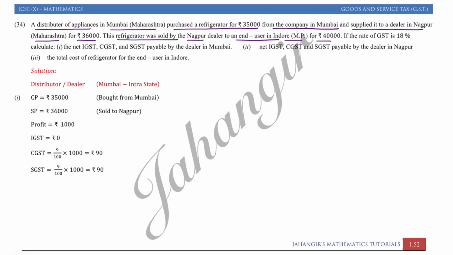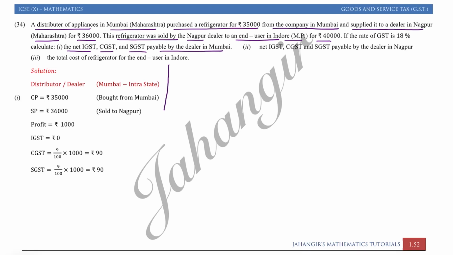If GST is applicable at 18%, calculate in the first part net IGST, CGST and SGST payable by the dealer in Mumbai. Second part, net IGST, CGST, SGST payable by the Nagpur dealer. And last, we have to find the cost of the refrigerator.